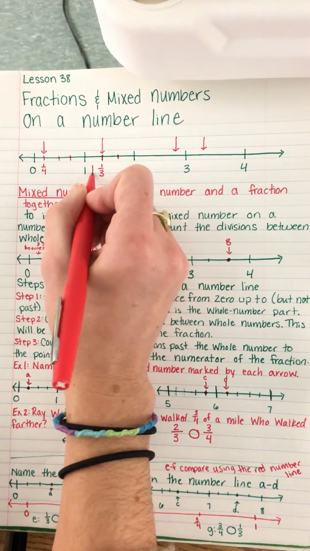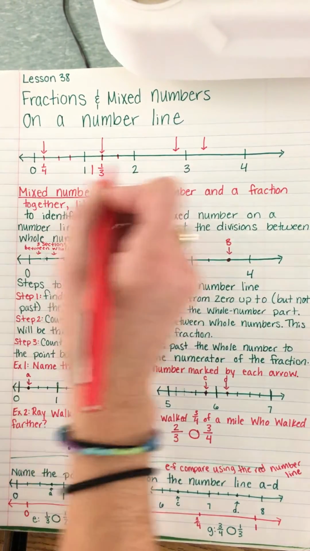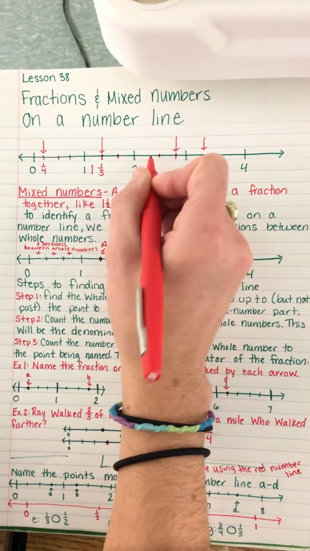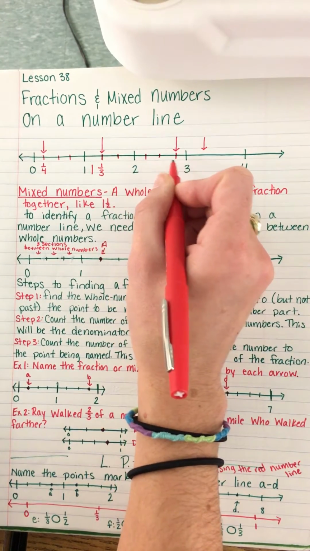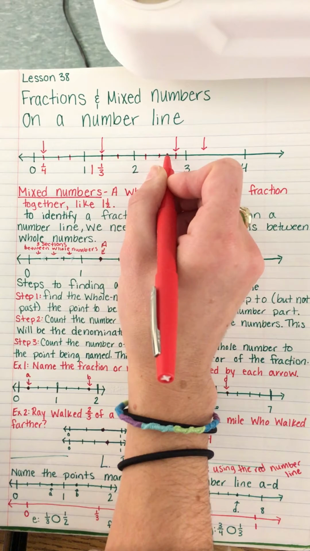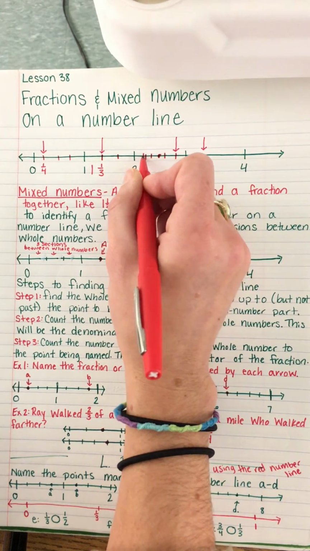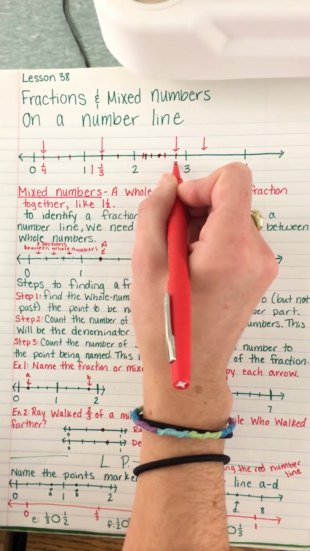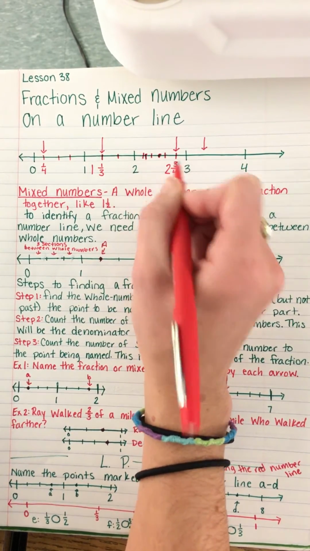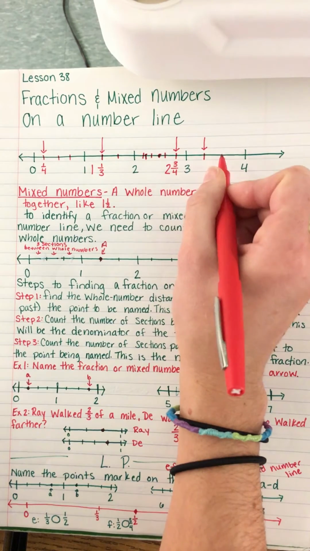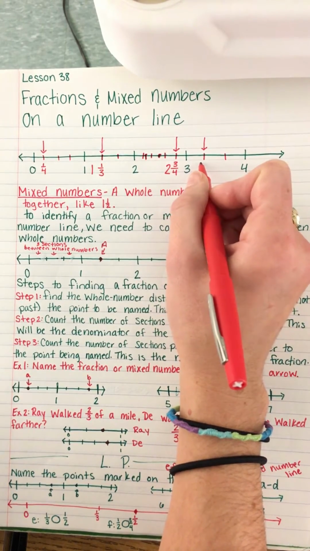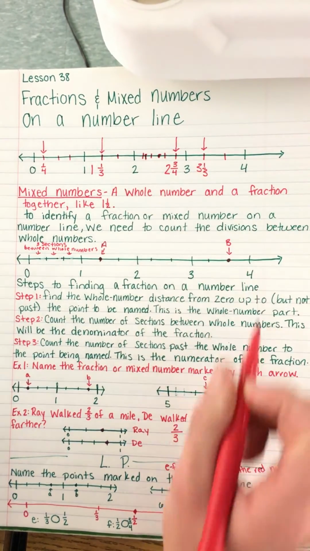But that would be 1 1/3. This would just be 1/4. Actually, I messed that one up. This one would be, pretend this one isn't here, there, and there, pretend that one isn't there too. That would be 3/4, 2 3/4. And this one would also be 3 1/3, okay?